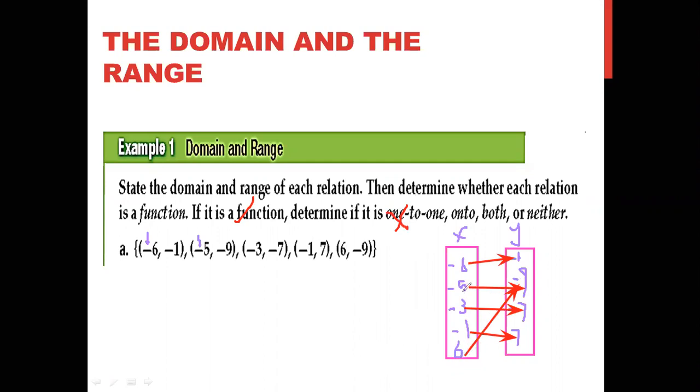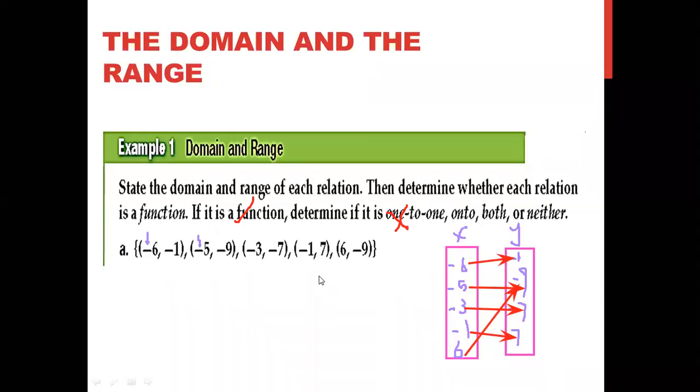Number -5 is paired with number -9 too. This is not one-to-one. Is this onto? This is an onto function. Yes, this is an onto function because each element of the range is paired with elements of the domain.